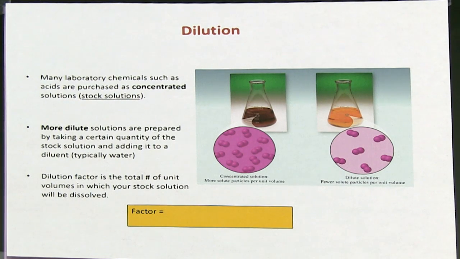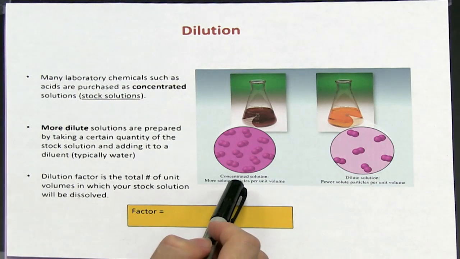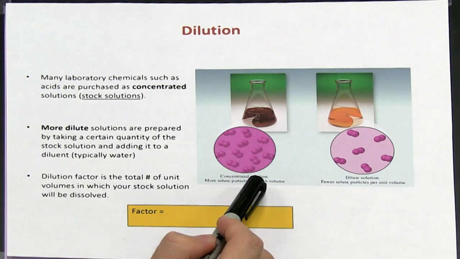Today's video takes a look at an important concept when working in the lab, and that is the idea of a dilution. Most chemicals in the lab are purchased and prepared as concentrated or stock solutions. A concentrated solution has more solute particles per unit volume.